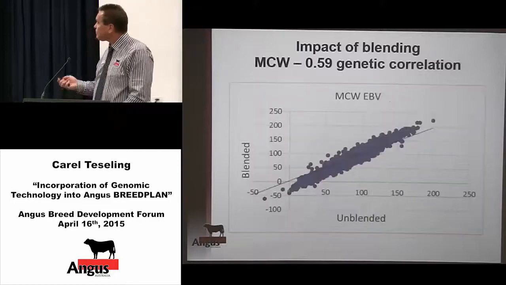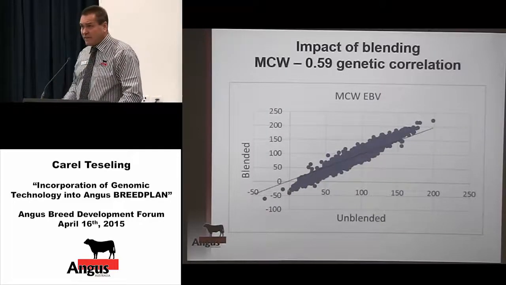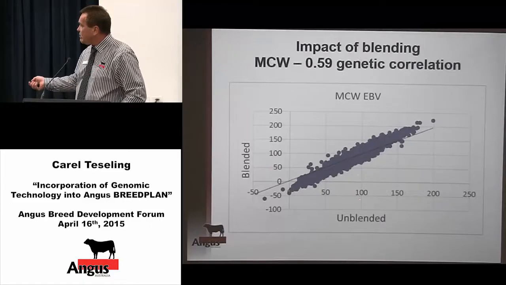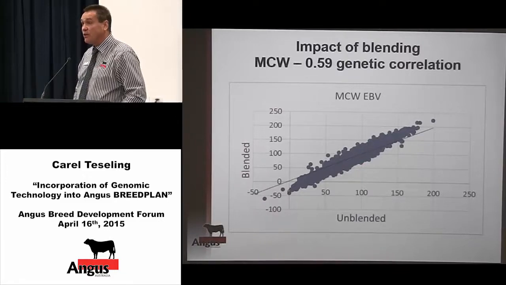Right. So then just looking at the physical EBV. So again, unblended EBV on this side and the blended EBV. So let's say an animal that had a mature cow weight EBV of 100, sitting over here, it could go up to as high as 140, or it could come down to about 60 odd.